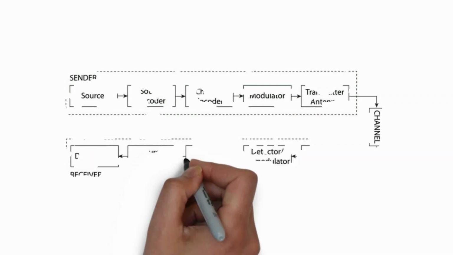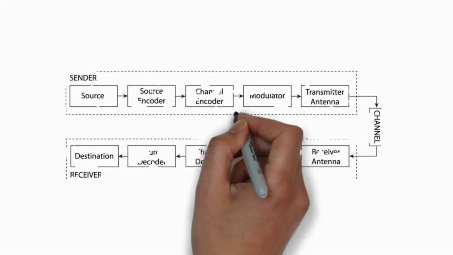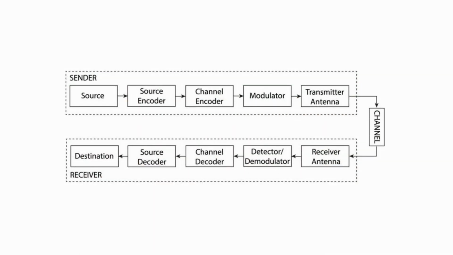Let's go to the digital communication part. This is the main block diagram of any transmitter and receiver system. Source is your data which has to be sent. Source encoder block: the encoder removes the redundancy in the source. Channel encoder block: the channel encoder modifies the signal in such a way that the radio waves can easily carry the data.